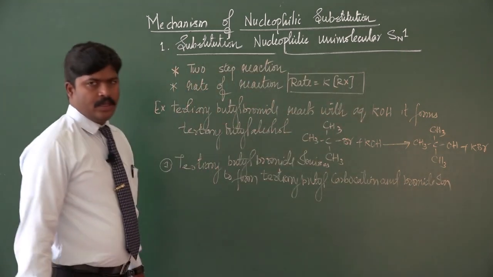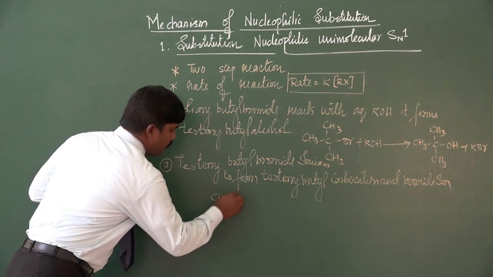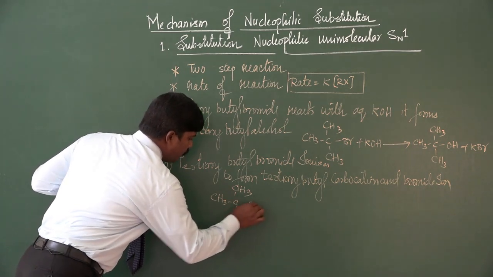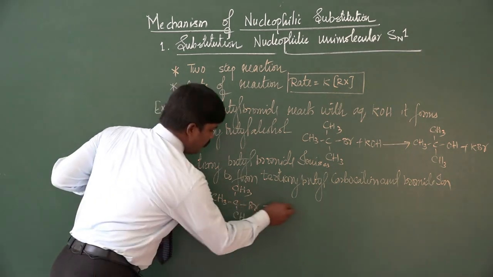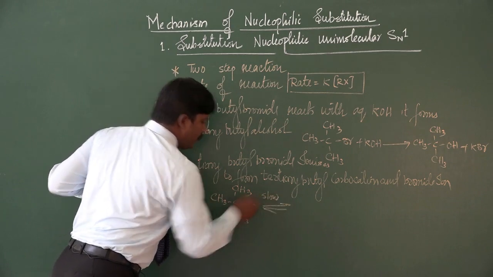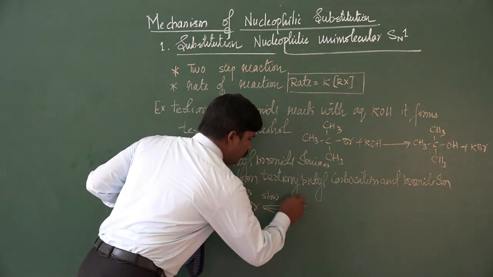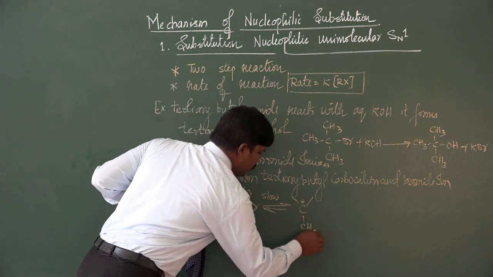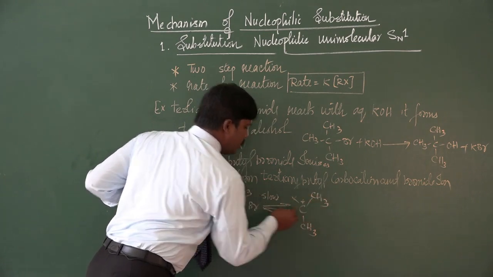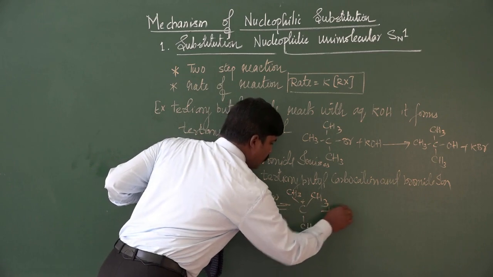If I write tertiary butyl bromide, (CH3)3C-Br, it is a reversible reaction and a slow step, a slow process. It forms the tertiary butyl carbocation, (CH3)3C+, plus Br minus.